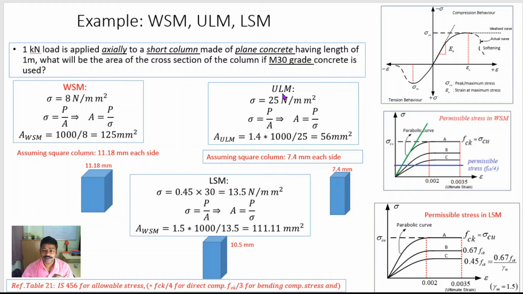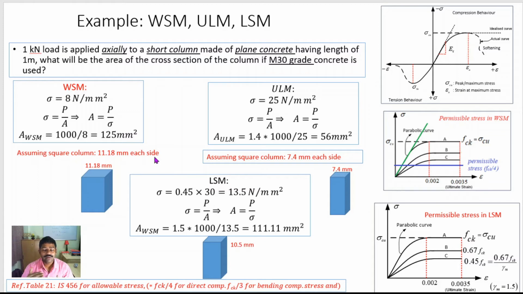The second graph here is the B graph. The B graph shows the strength as per our structural concrete. Since there is various uncertainty, we consider 0.45 FCK. This is our allowable stress as per our limit state method. The limit state method also applies one load factor to enhance the load.